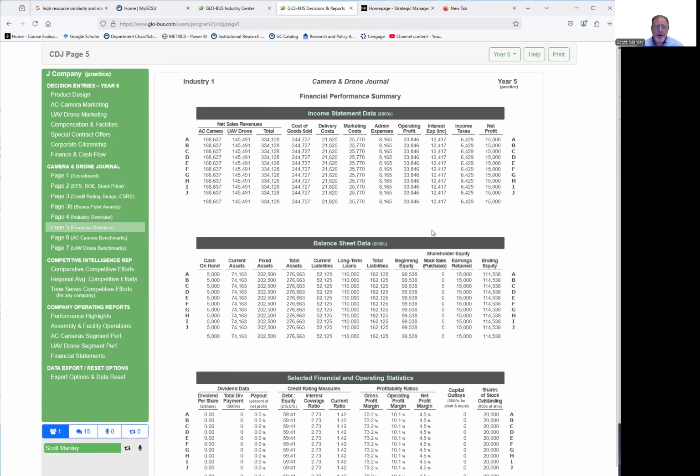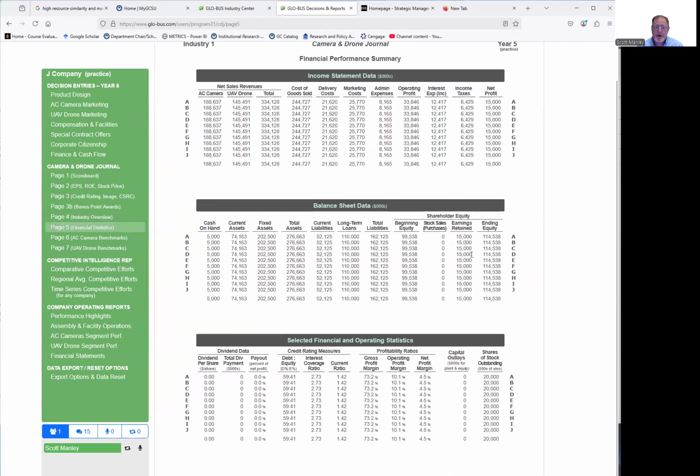Page 5 is comparative financial statements for all of the companies. So all 10 companies right now have their income statements, balance sheets, and financial and operating statistics. Those are shown for every company. You'll see the calculations, for example, on what your net profit is, and on what your ending equity is.